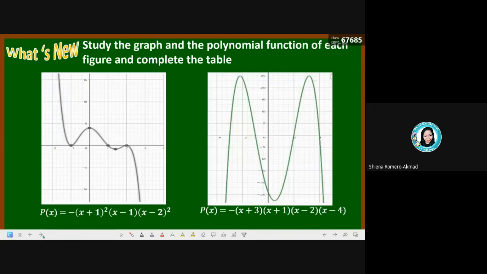Okay? Now, let us have more examples para mas maintindihan natin yung behavior ng graph. Okay?